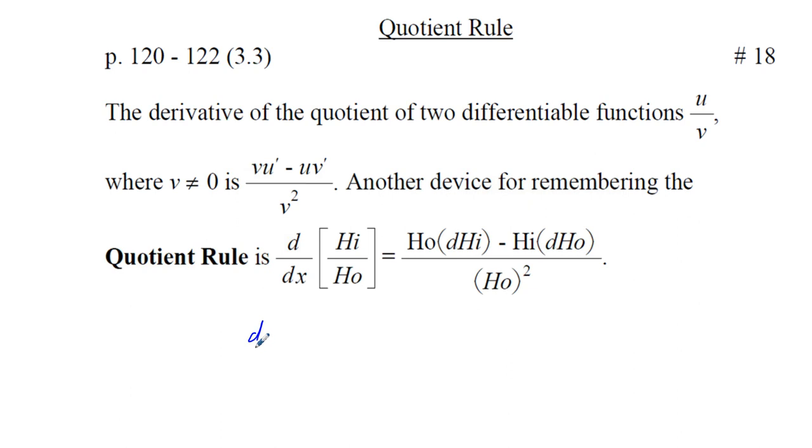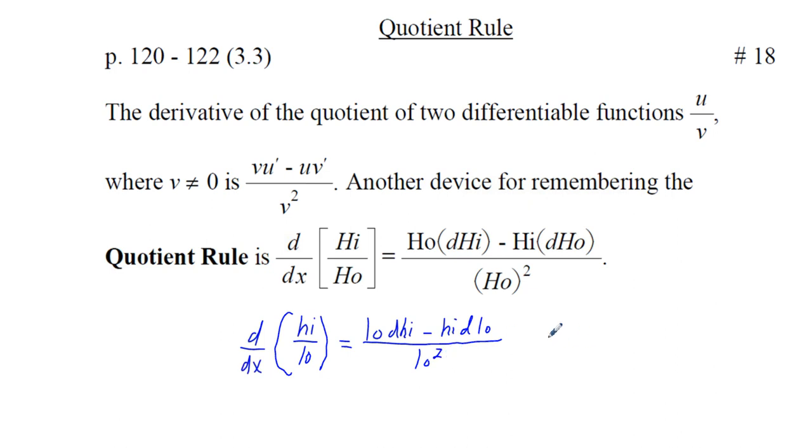So that would be like the one above, but d dx of high over low is lodi, lodi, lodi, high, minus hidey, hidey, low, all over low squared. So you have low squared.